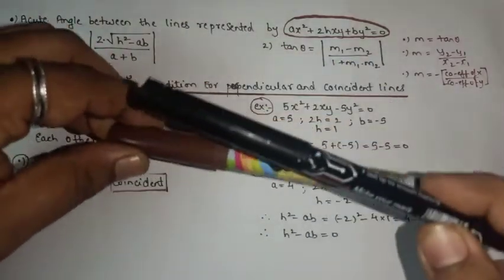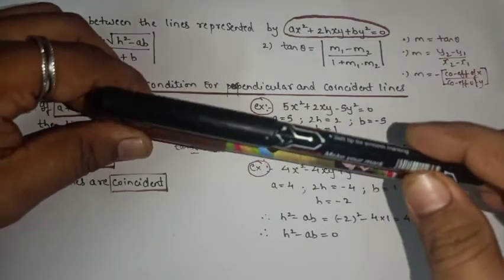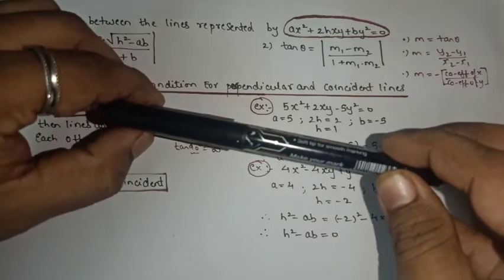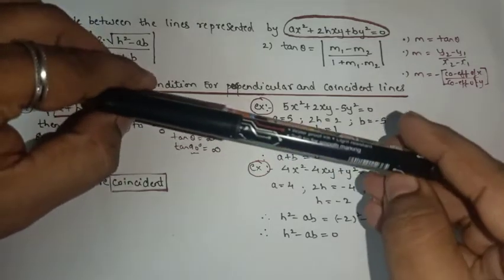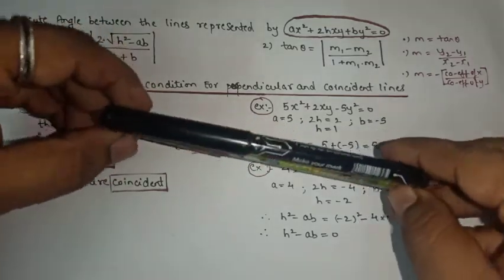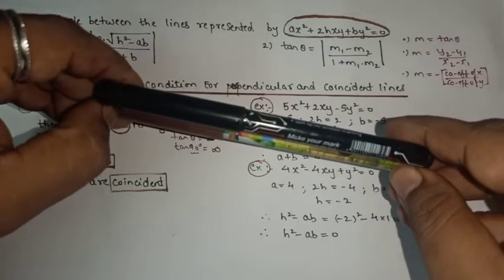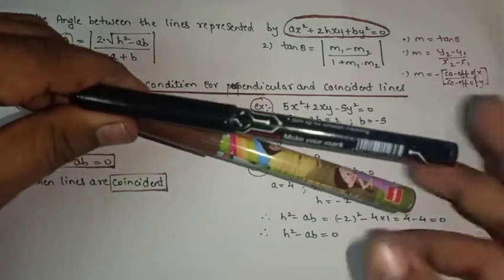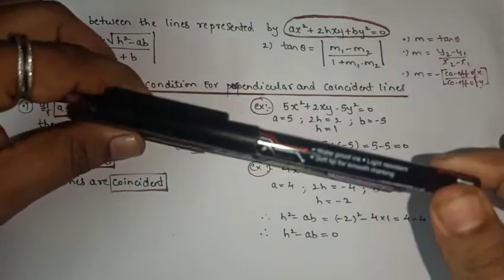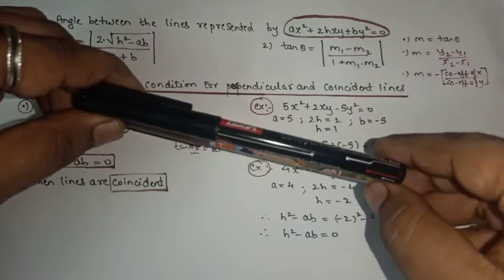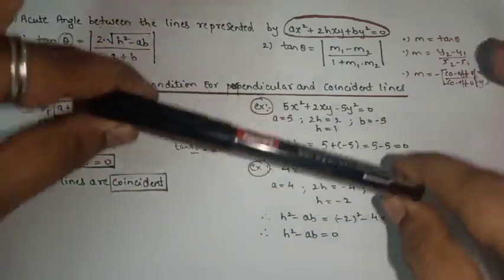The lines that exactly lie on the top of each other, like this. Suppose this is the line number 1, this is the line number 2, the lines which lie exactly on top of each other.